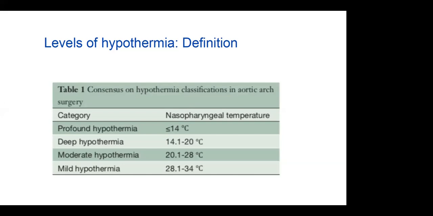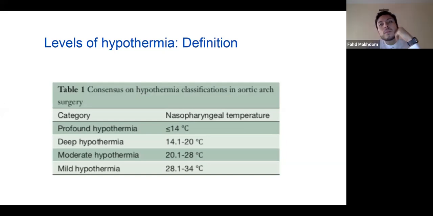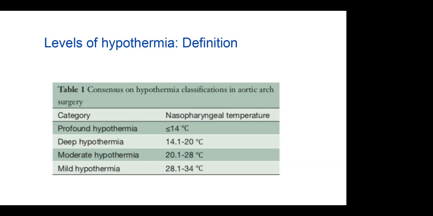I will insert a vent there, because while cooling the patient, he can fibrillate, and that can lead to distension. And I need to have a safe measure for that as well. Yeah. And then I will wait until I reach my target temperature, which is 18.